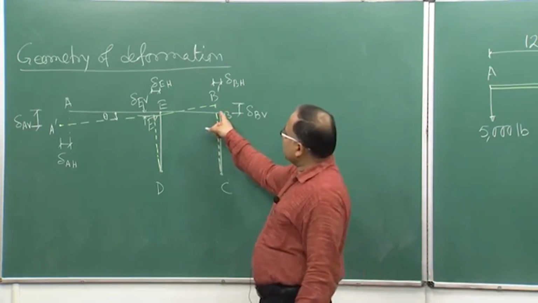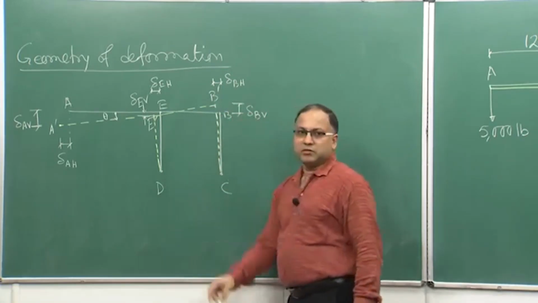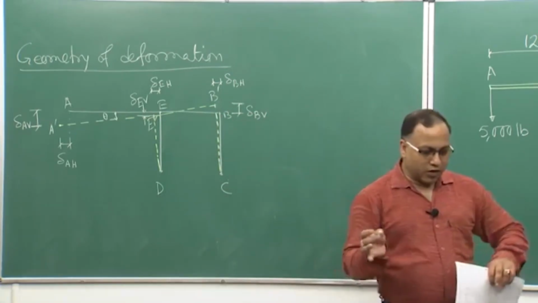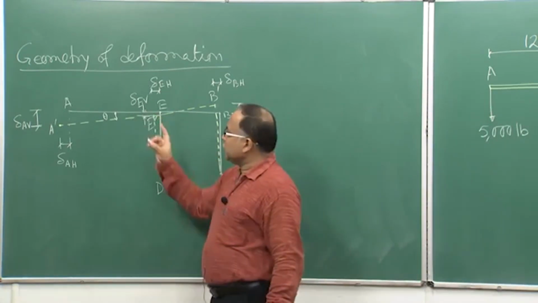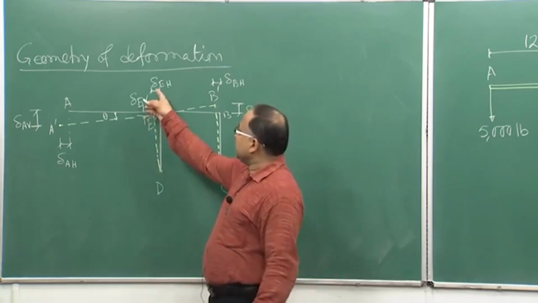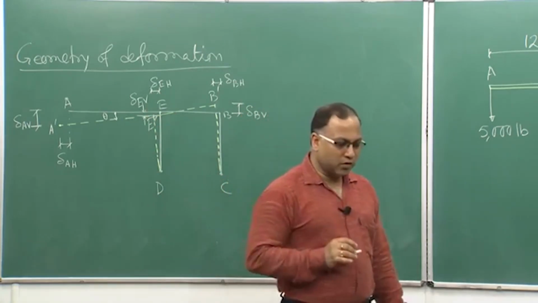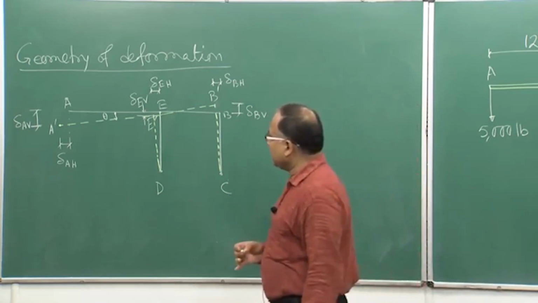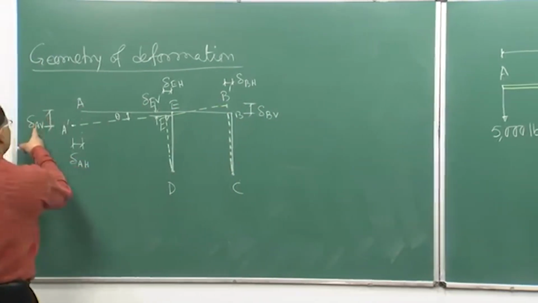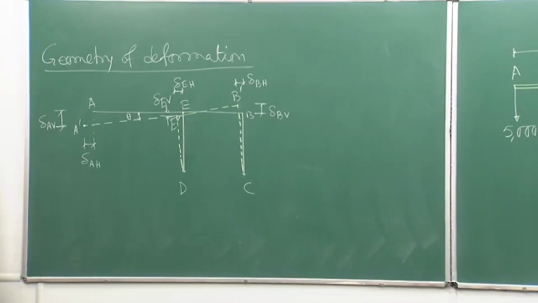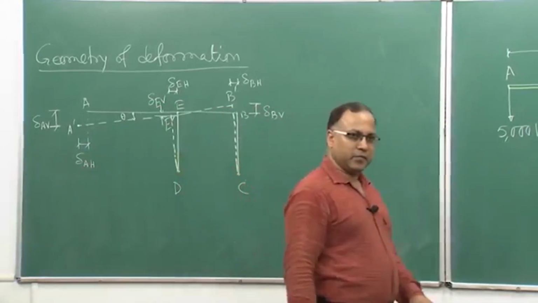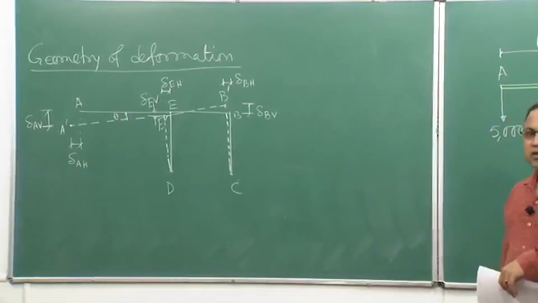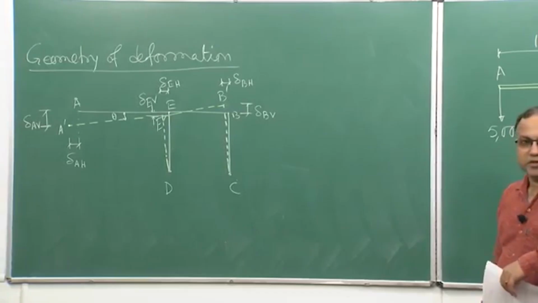Similarly, the horizontal distance between B and B prime is your delta BH, the horizontal movement of point B. Similarly, delta EV is the vertical movement of point E, and delta EH is the horizontal movement of point E. Likewise, delta AV is the vertical displacement of point A, and delta AH is the horizontal movement of point A. So, this is your probable deformed geometry.